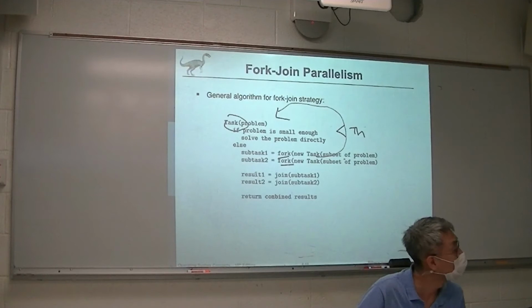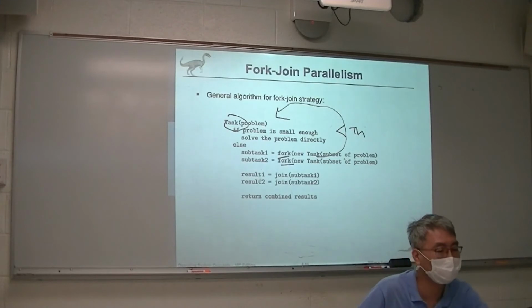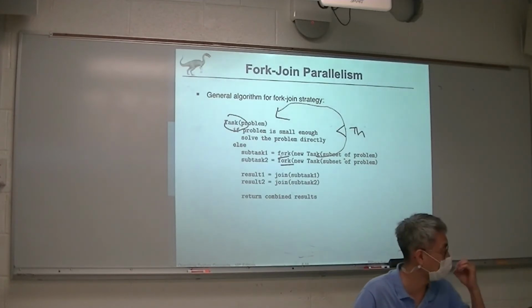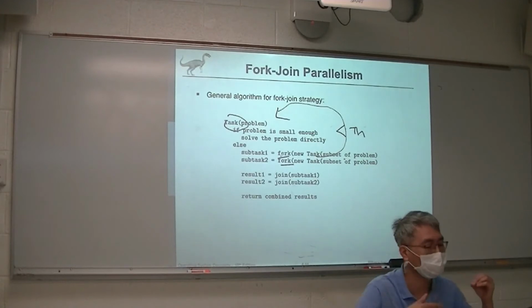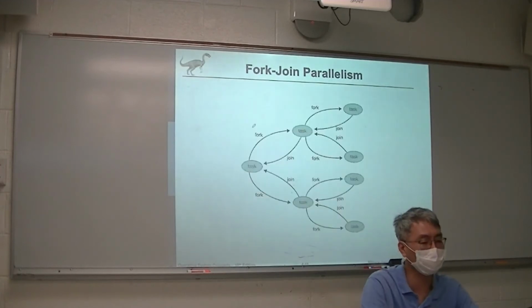Then you remember that the recursion is simple. Whenever we create a child task, it will take one thread from the pool and run. Then it returns the result and goes back.